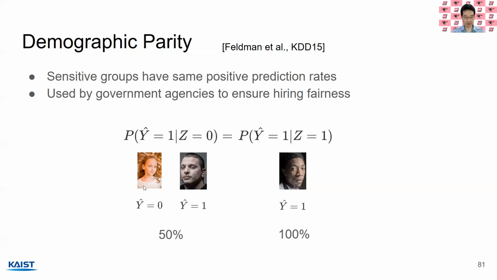Remember that we had two white people where for one person the prediction was 0 and for the other it was 1. So the probability of y hat being 1 is 50%. And for the black people, we had one prediction that was 1, so this is 100%. So you can see that according to demographic parity, there is some unfairness going on.